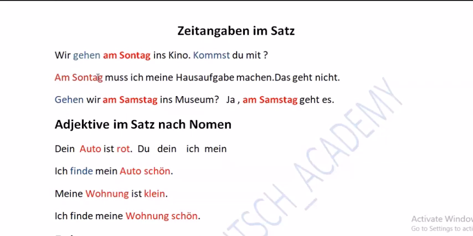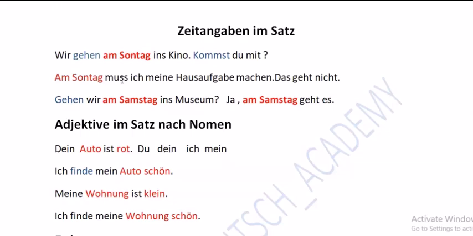But keep in mind that always when you use an adverb of time in the beginning of a sentence, you have to bring the verb, the helping verb, after the adverb of time, and that is a must.